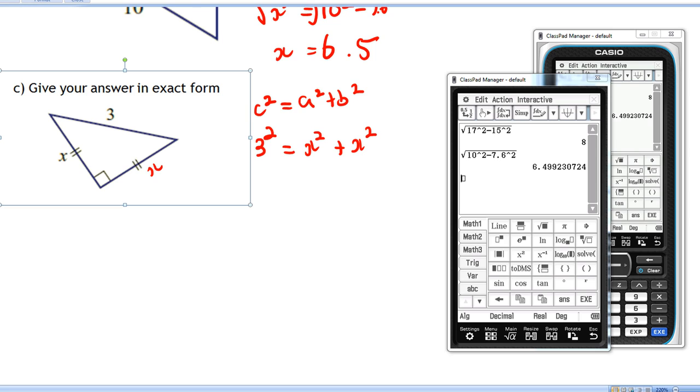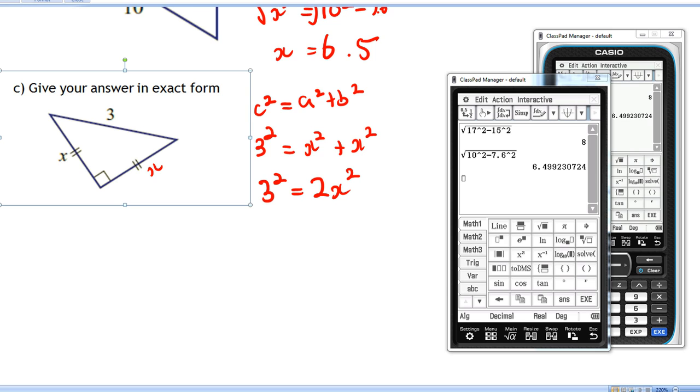Now we need to be aware of the laws of adding indices here. We've got an x squared and an x squared. When I add an x squared plus an x squared, I've got 2x squared. Okay, now the tough part. What we need to do is get x by itself. I want this to be x equals.